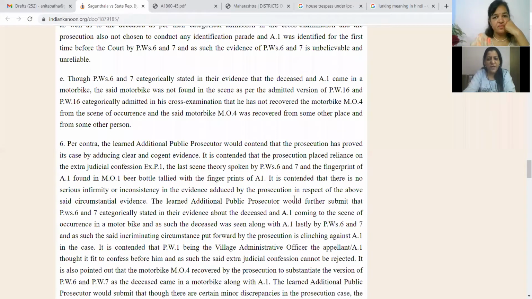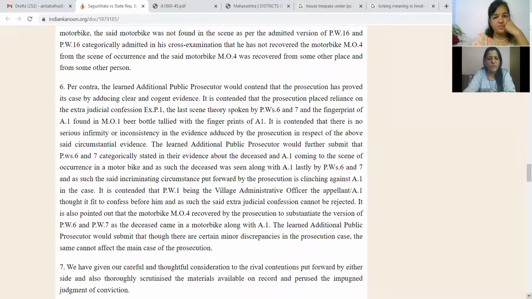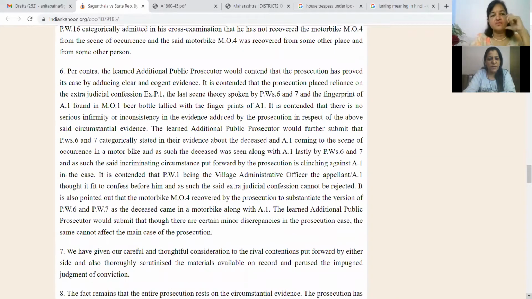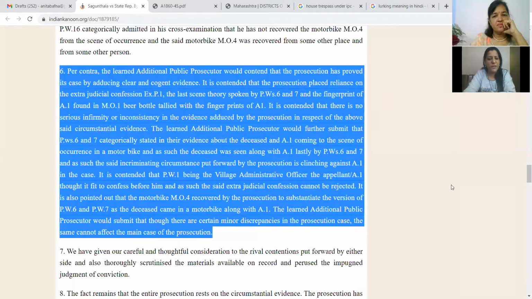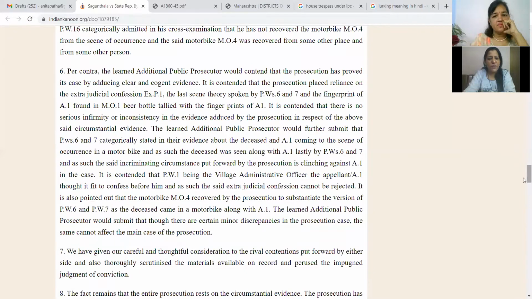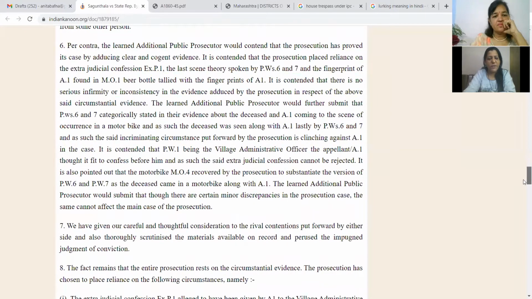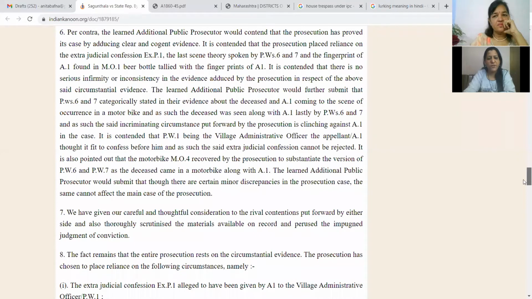It is contended that the prosecution placed reliance on the extrajudicial confession EX P1, the last seen theory spoken by prosecution witness 6 and 7, and the fingerprint of accused number 1 found in material object 1 beer bottle tallied with the fingerprints of accused 1. It is contended that there is no serious infirmity or inconsistency in the evidence adduced by the prosecution in respect of the above said circumstantial evidence.